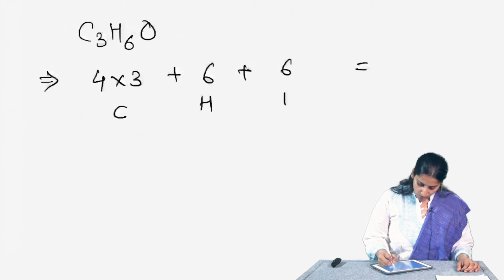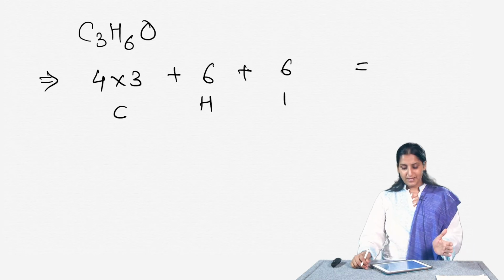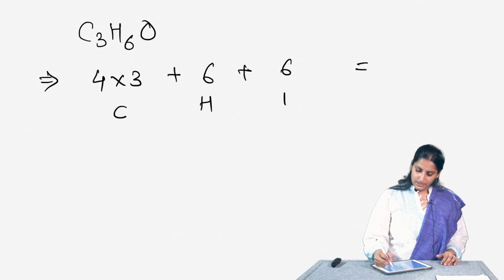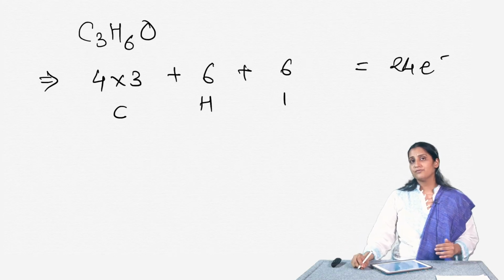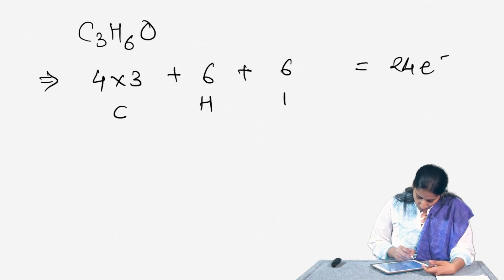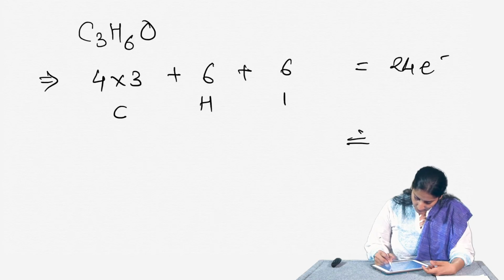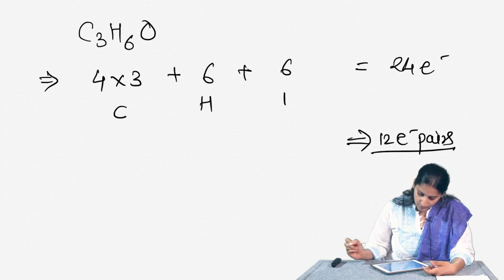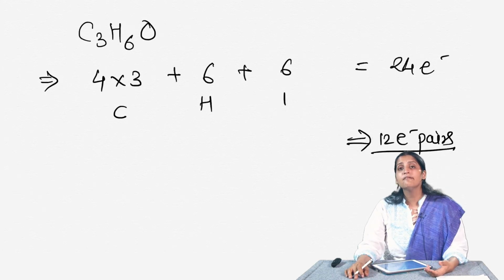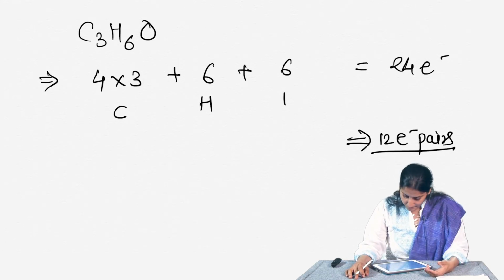So, what you have here is 12 plus 6 plus 6, that is 24 electrons, right. Now, 24 electrons means we have 12 electron pairs around it.